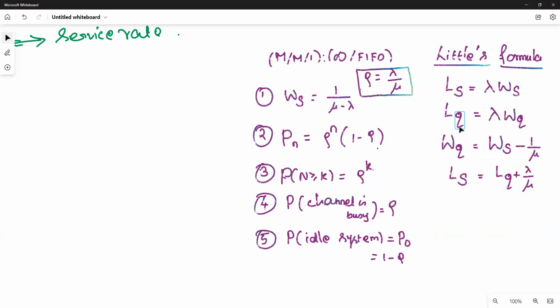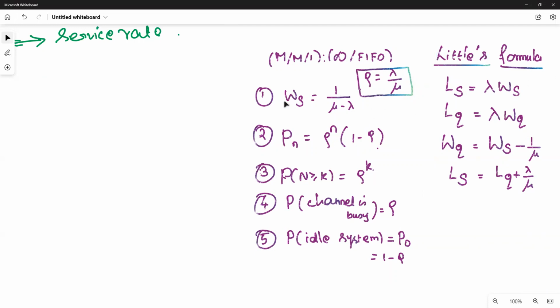WS means waiting time in the system, and WQ means waiting time in the queue. Lambda denotes the arrival rate, mu denotes the service rate. These are the common notations we'll use. Once we know any one of WS, WQ, LS, LQ, we'll be able to find the remaining three using Little's formula. For all the models, we should be thorough with this formula first.